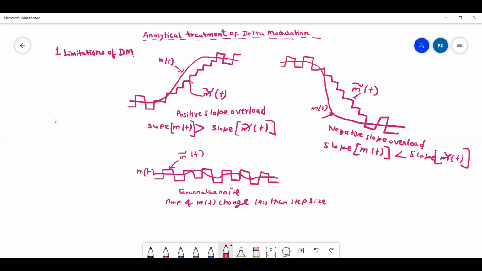Now I'm going to clear this canvas and introduce a typical block diagrammatic representation of an adaptive delta modulation system.